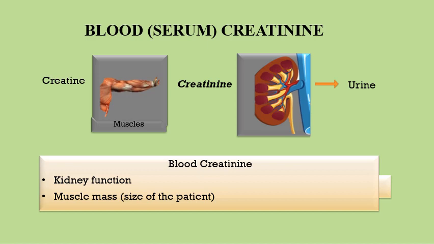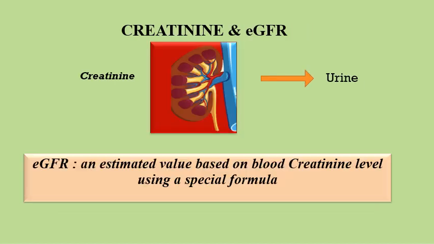Since the creatinine comes from creatine in the muscle, the creatinine level in the blood is affected by kidney function, but also by the muscle mass or the size of the patient. So blood creatinine levels are inversely related to kidney function.